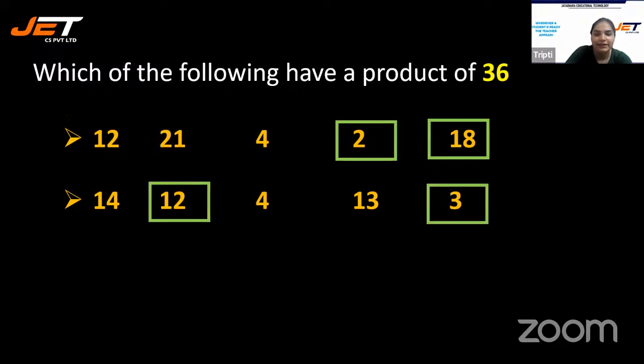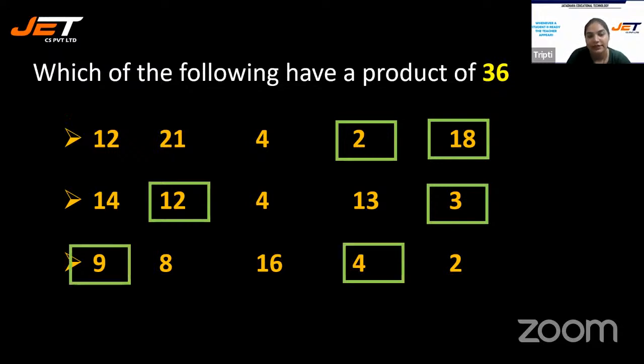Over here, it's 12 and 3. 12 times 3 is 36. 12 times 1 is 12, 2s are 24, 12 times 3 is 36. Also, we have done the times table of 3, na? Next. Okay, so here 9 times 4 is 36.